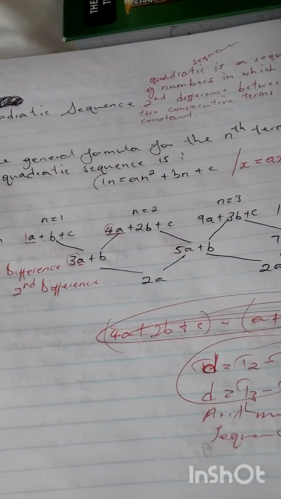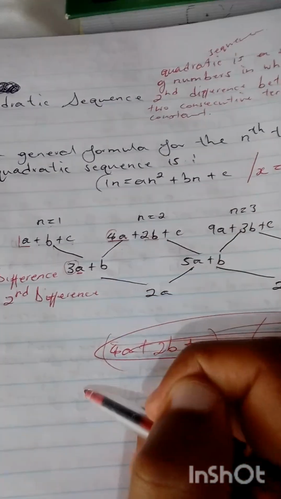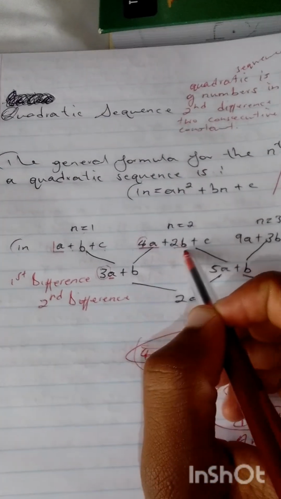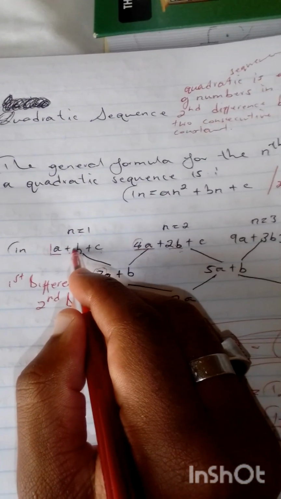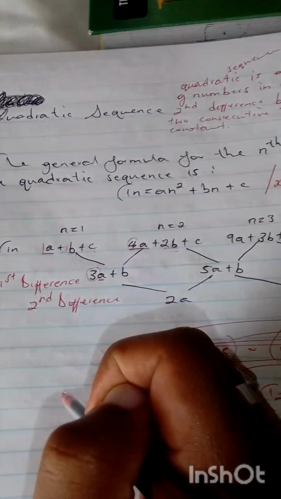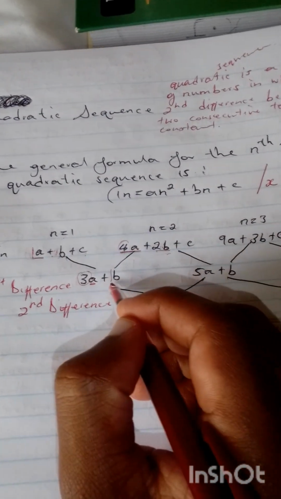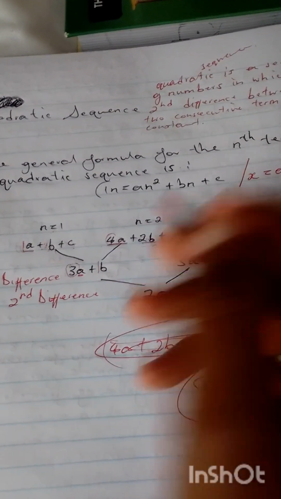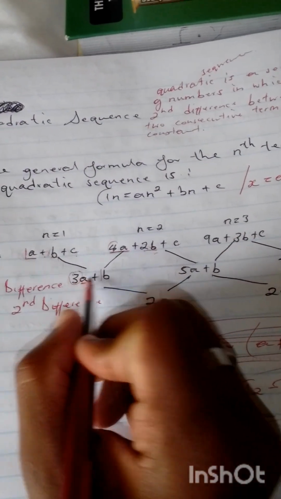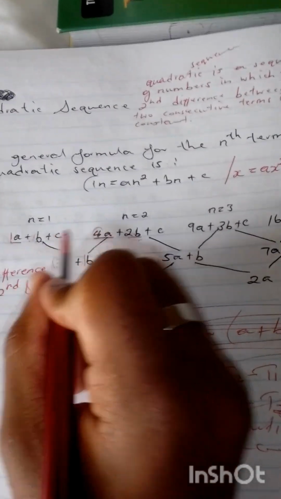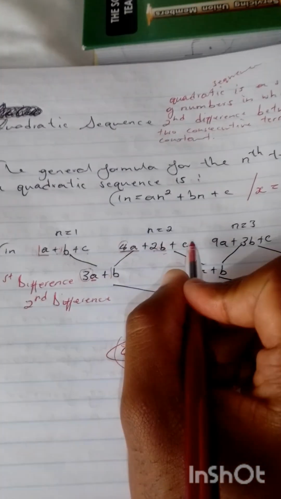Then, ladies and gentlemen, we have 2b and we have b. So, 2b minus b, remember, we have an invisible one there. So, 2 minus 1 is the same as 1. Hence, we are having b. c minus c is 0. So, here we have 3a plus b as the difference between a plus b plus c and 4a plus 2b plus c.